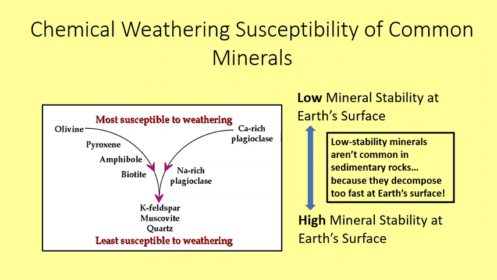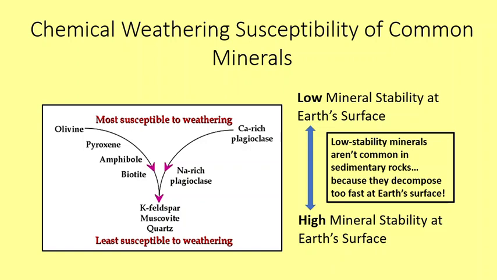In this case, though, we're not going to focus on crystallization temperature. We're going to use that same diagram, namely Bowen's reaction series, to help us understand how different minerals are more or less susceptible to weathering, specifically chemical weathering. And you can see on the diagram that high temperature minerals like olivine and pyroxene and calcium-rich plagioclase are more susceptible to chemical weathering.